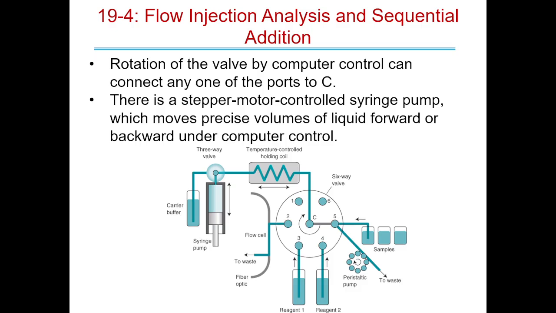The rotation of the valve by computer control can connect any one of the ports to C, right here. There's going to be a step motor controlled syringe pump, which is this right here. This is going to move precise volumes of liquid forward or backward under computer control. And this can go both ways, by the way. You can inject or you can remove, okay?